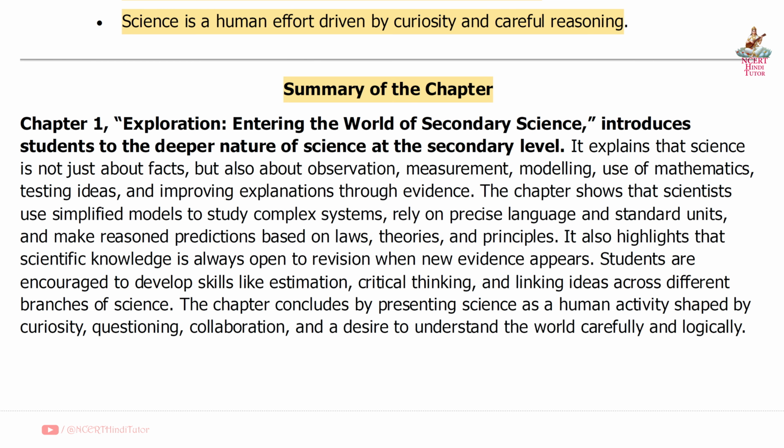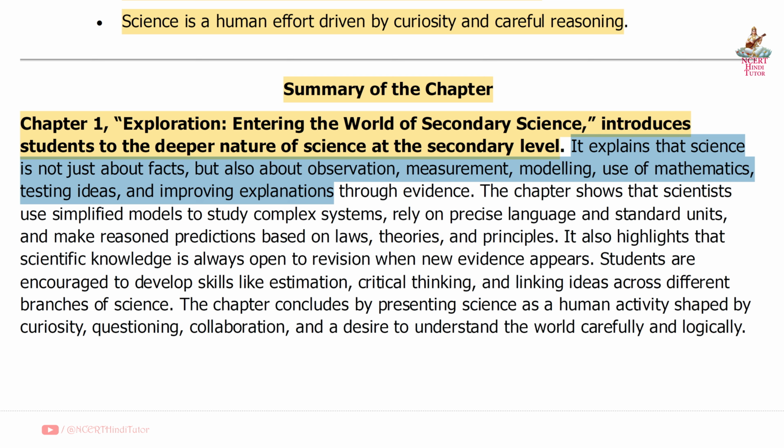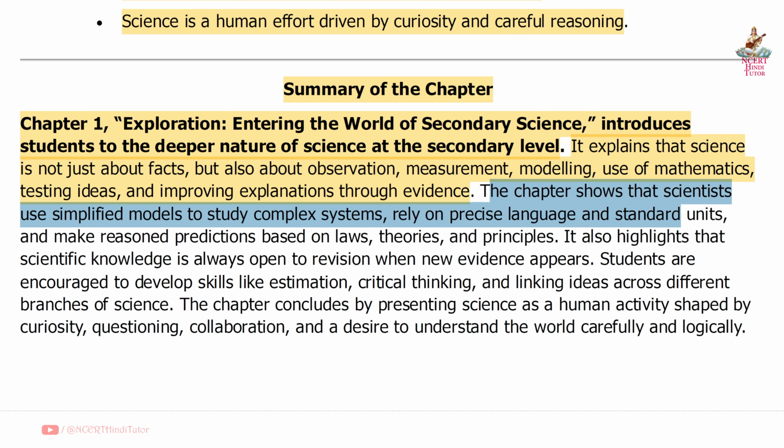Summary of the chapter. Chapter 1, Exploration: Entering the World of Secondary Science, introduces students to the deeper nature of science at the secondary level. It explains that science is not just about facts, but also about observation, measurement, modeling, use of mathematics, testing ideas, and improving explanations through evidence. The chapter shows that scientists use simplified models to study complex systems, rely on precise language and standard units, and make reasoned predictions based on laws, theories, and principles.